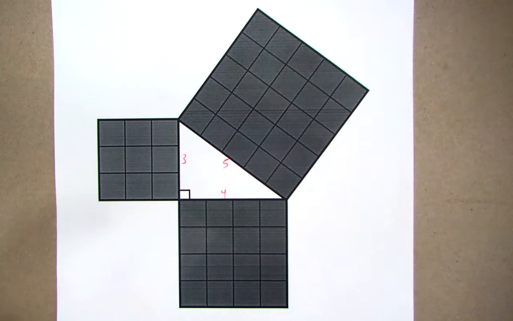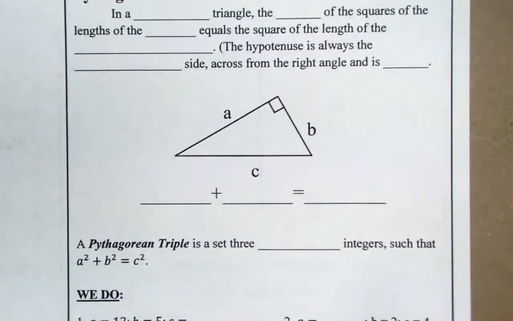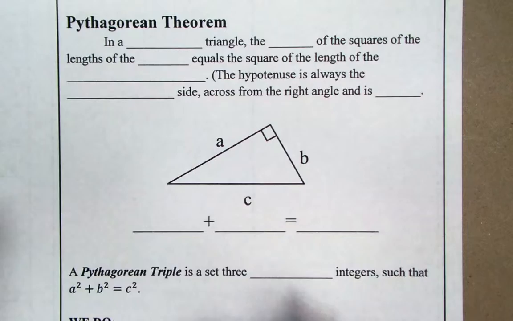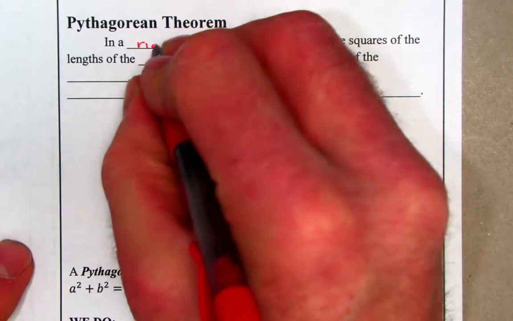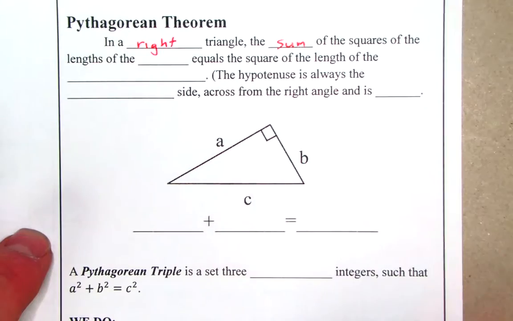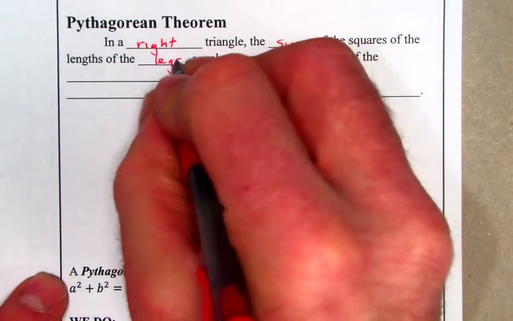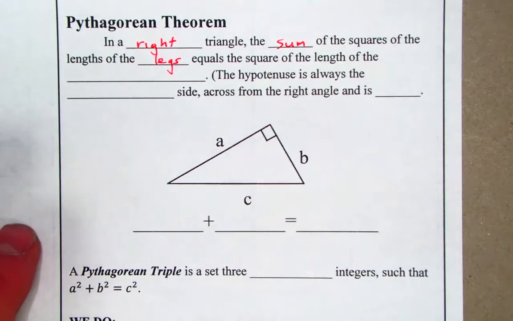I know you've seen it before, but we'll just take some quick notes on it. All right, so we're going to say that this is true for all right triangles only: the sum of the squares of the lengths of the legs equals the square of the length of the hypotenuse.